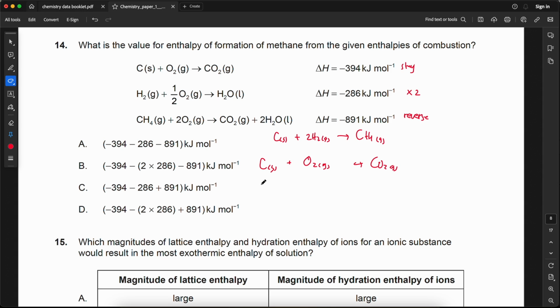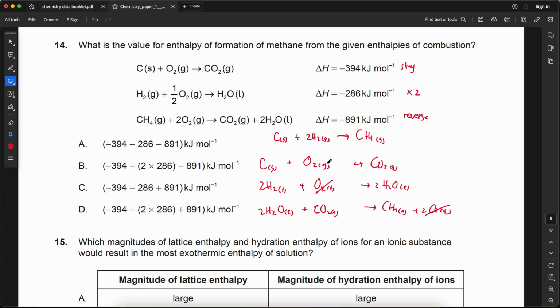CO2 gas, 2H2 gas, and oxygen gas become 2H2O liquid, and this one, 2H2O liquid plus CO2 gas, because of the reverse, CH4 gas plus 2O2 gas.